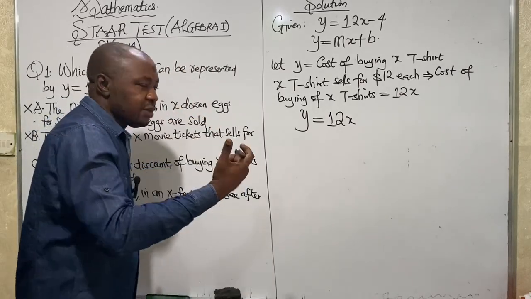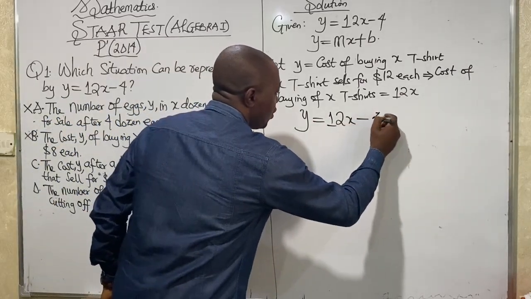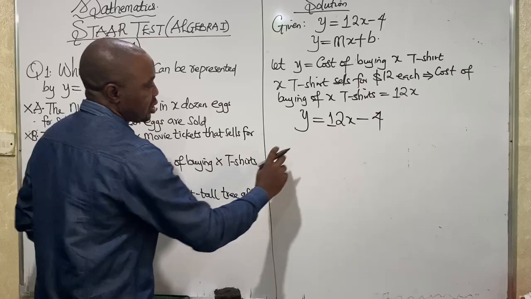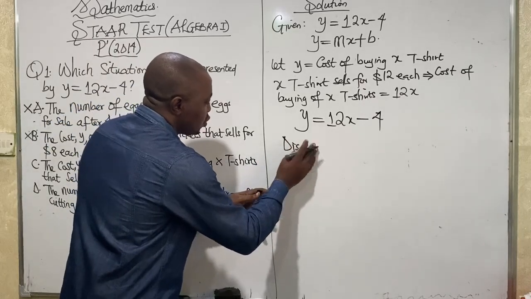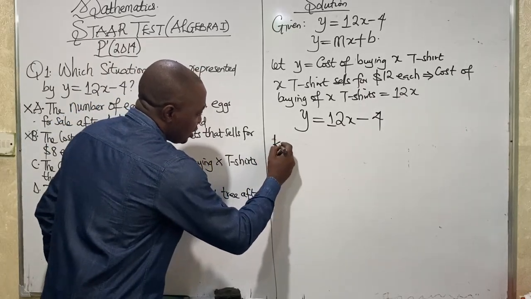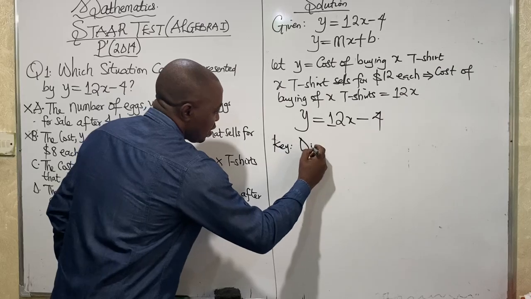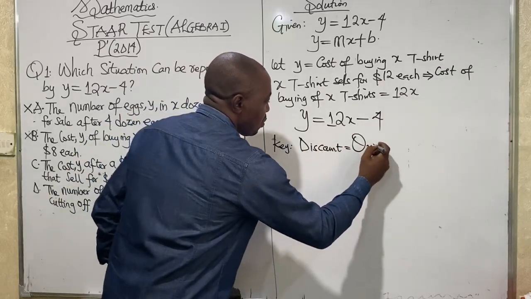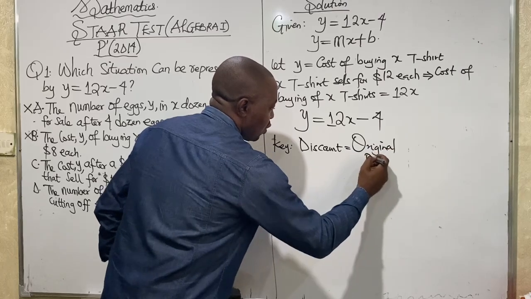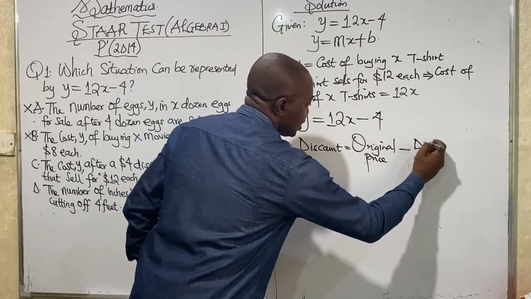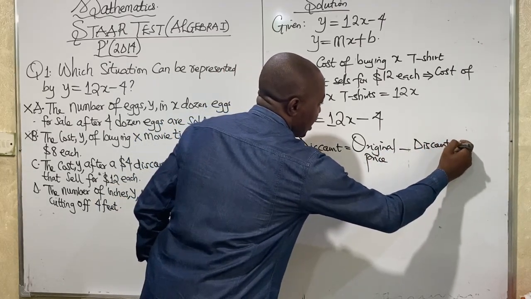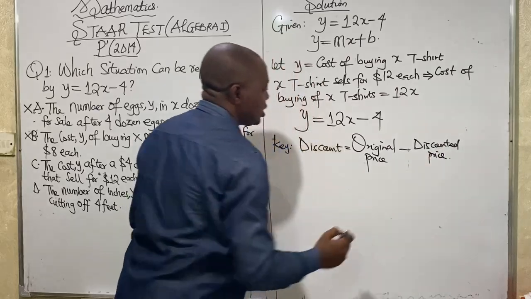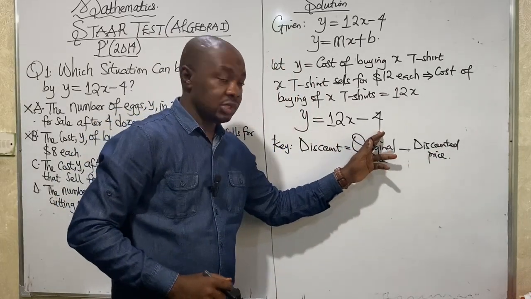Now the discount is $4. The key here is that the discount equals the original price minus the discounted price, and our discount is $4.